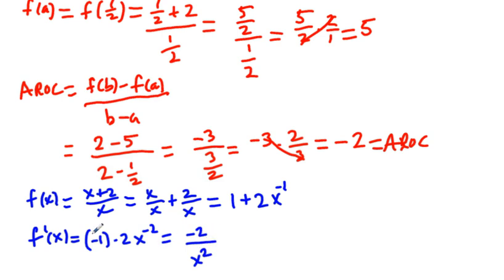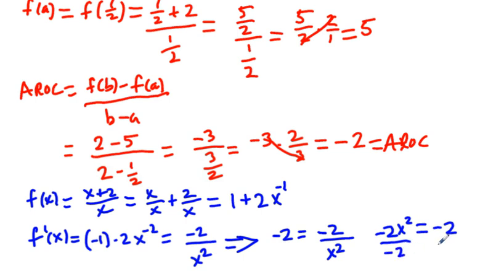Using the mean value theorem, our calculated AROC is negative 2. So we say negative 2, which is AROC, equals negative 2 over x squared. We can multiply both sides of this equation by x squared, so we have negative 2 x squared is equal to negative 2, and we can divide both sides by negative 2.